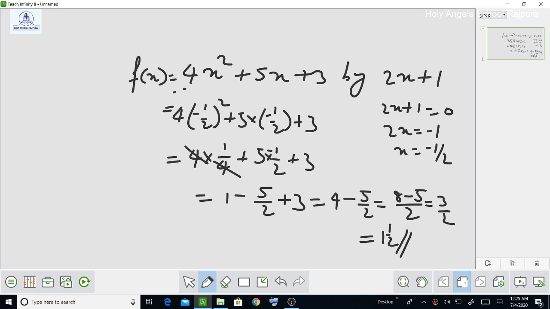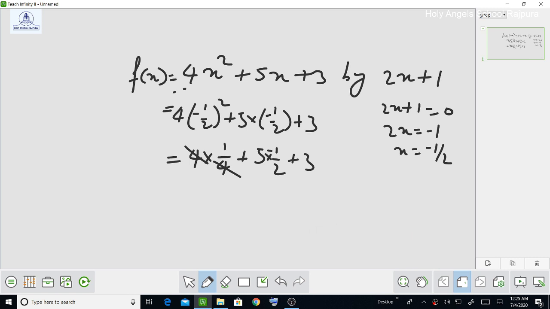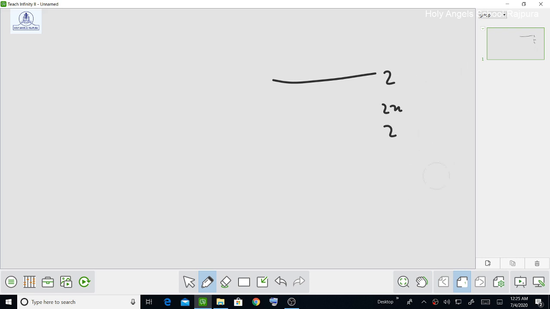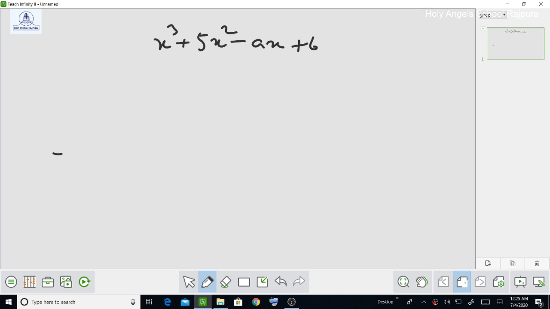Using the remainder theorem, find the value of a if the division of x cube plus 5x square minus ax plus 6, if it is divided by x minus 1, leaves a remainder 2a. The remainder is also given. Remainder is equal to 2a.